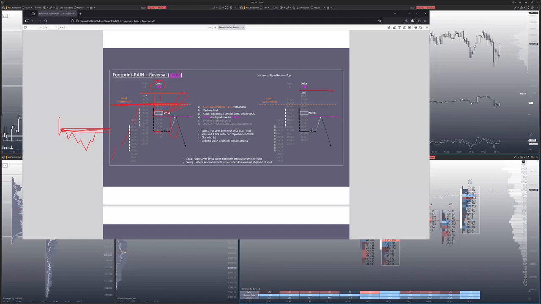Then I put my sell limit 1 or 2 ticks below the VPOC and the stop above my zone. What's also important, maybe not one of the rules, but it's good if we have a finished auction on the highest bar. That is very important for me. That is what I'm looking for in the reversal.